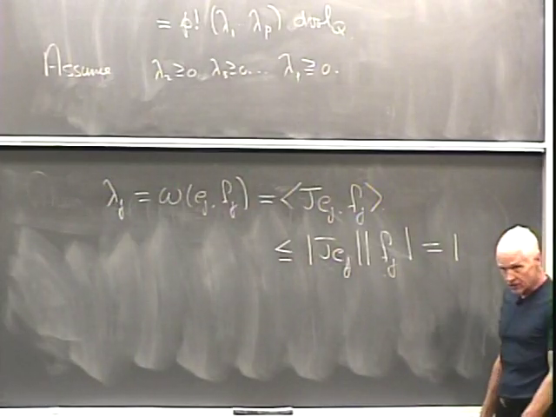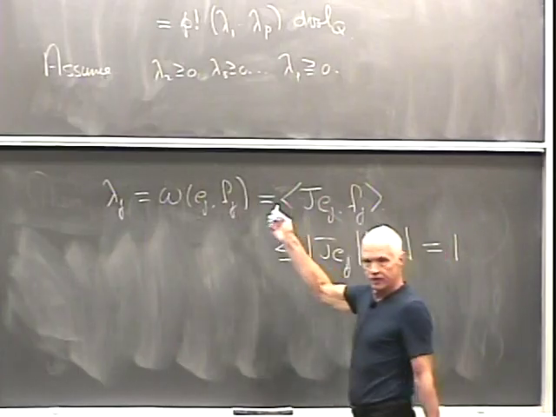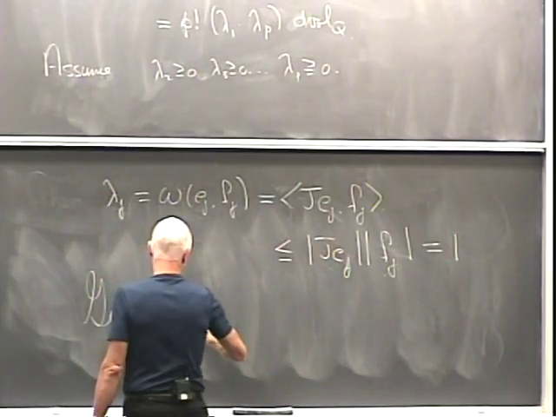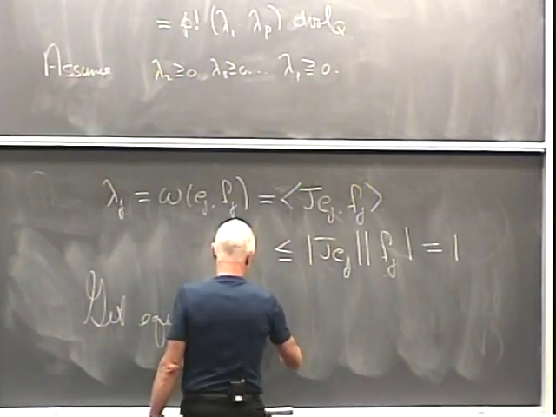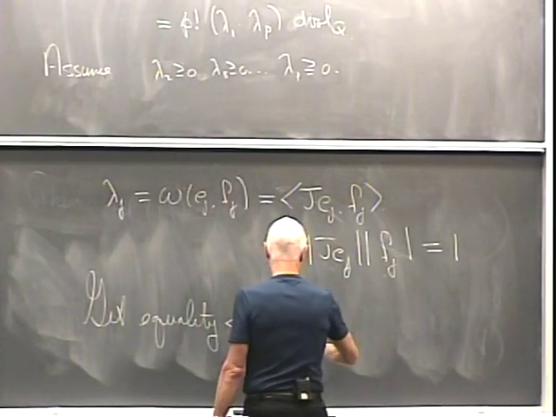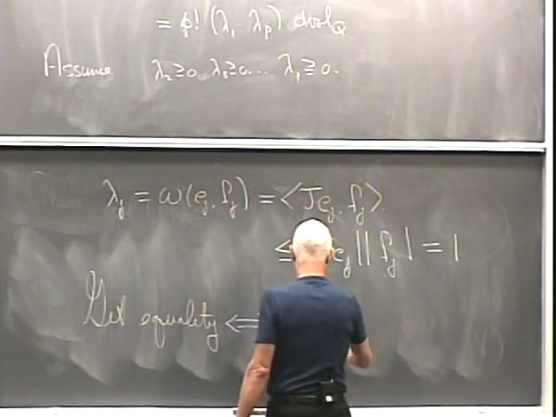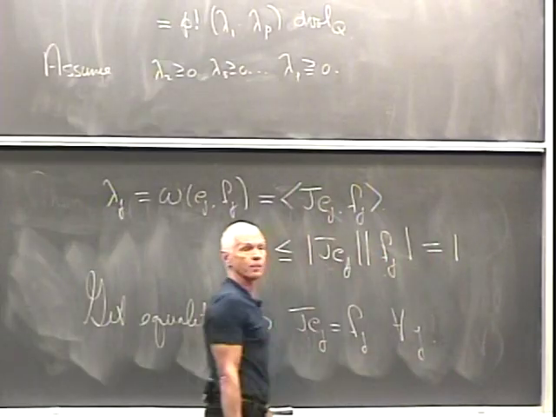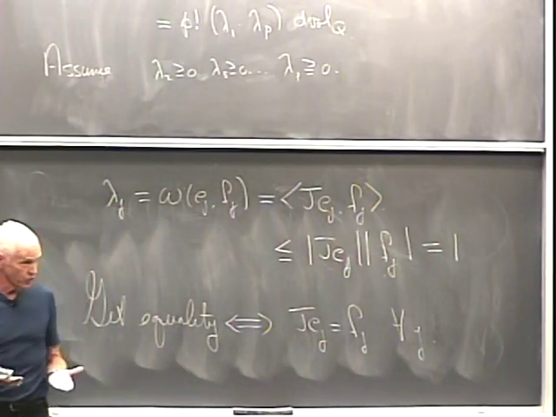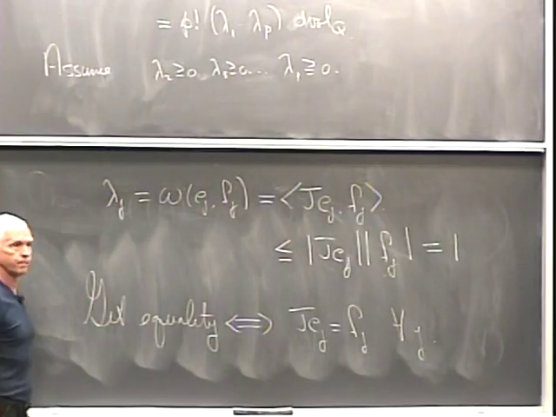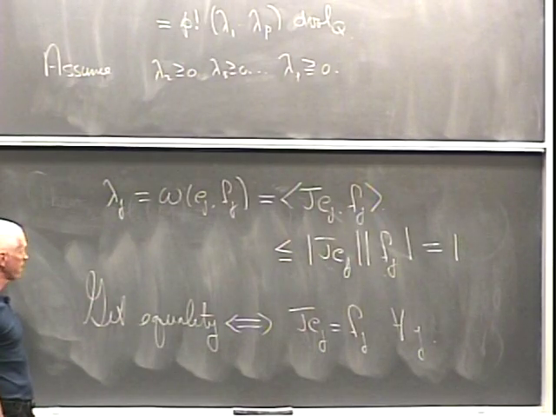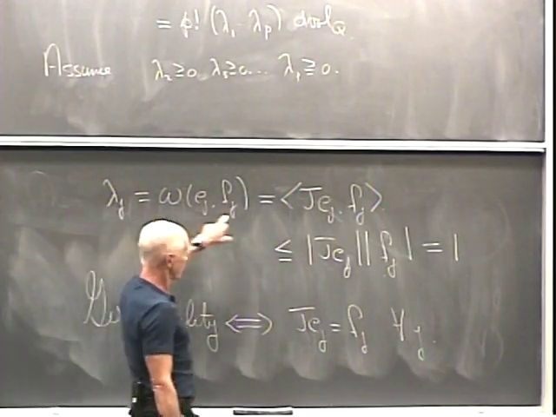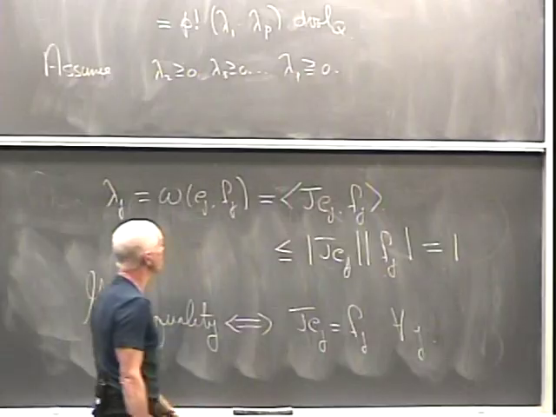So each lambda is less than or equal to 1, and you get equality if and only if J of ej is equal to fj for all j. And that means precisely that this plane is invariant under J, and it's canonically oriented. So these numbers are all less than or equal to 1, and you're only going to get equality with 1 if this is true.